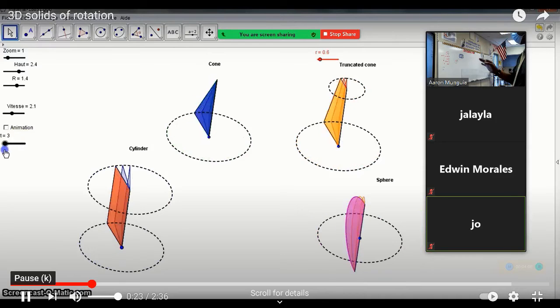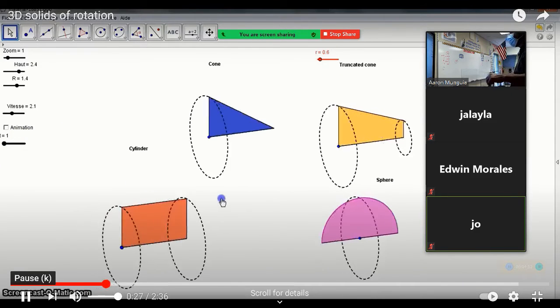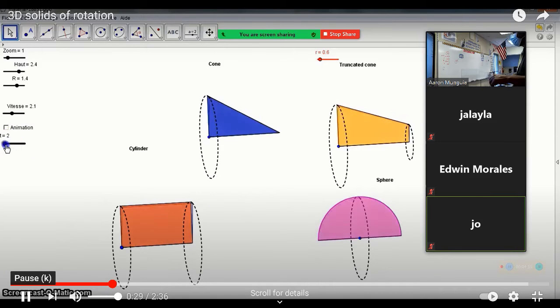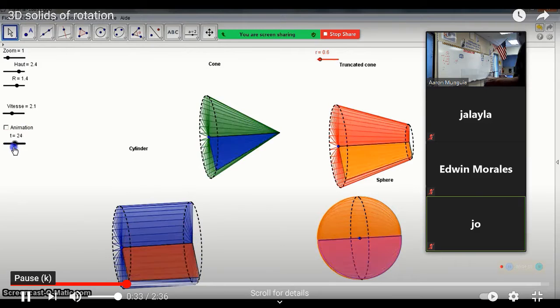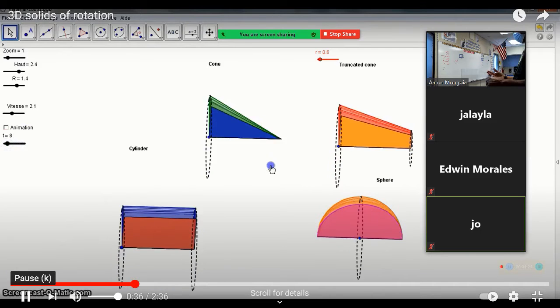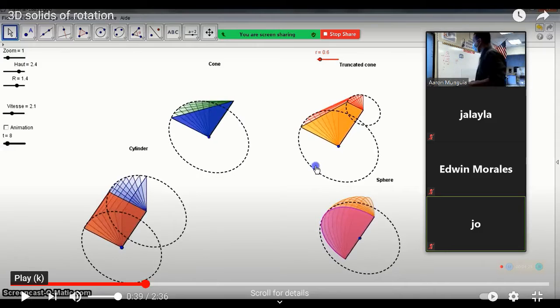Notice all these, there's a shape. And now you're going to spin them along an axis. Notice that. See how they're rotating? They form the solid. So you can see that the cylinder is formed by a rectangle being rotated along an axis. The sphere is formed by a half circle being rotated around the axis.